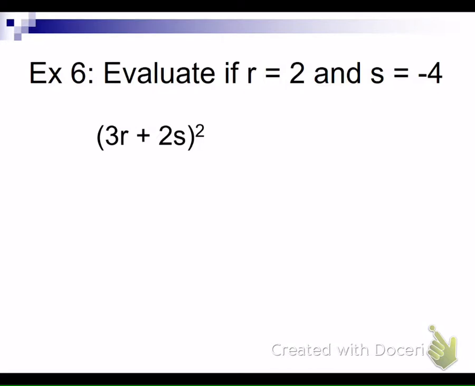All right, what am I going to do? Substitute. Yes, so I'm going to take the R out. I'm going to put a 2 in. I'm going to take the S out. I'm going to put a negative 4 in.